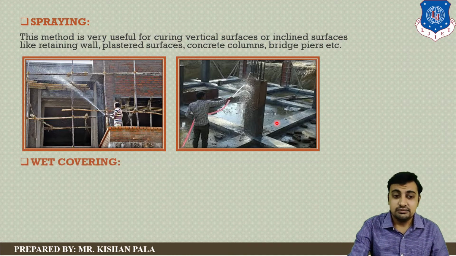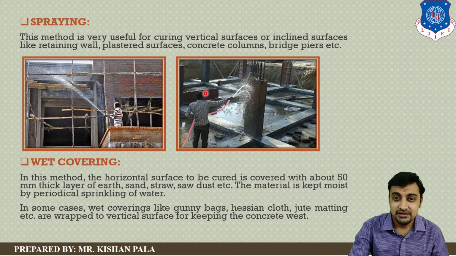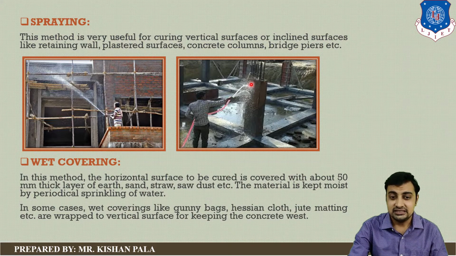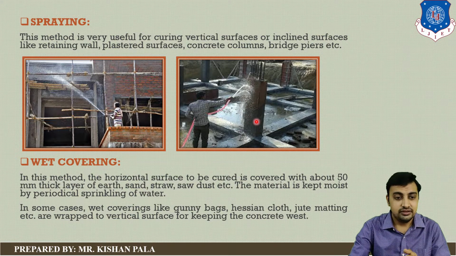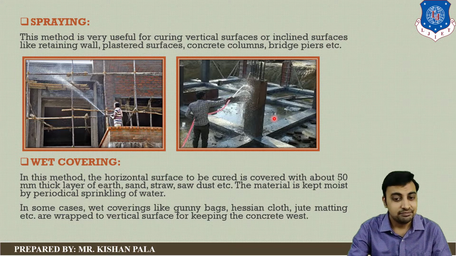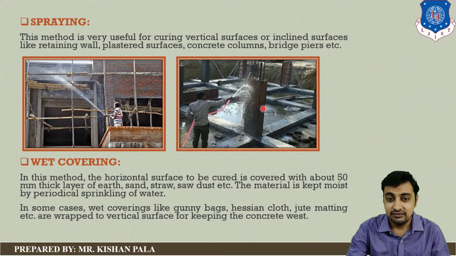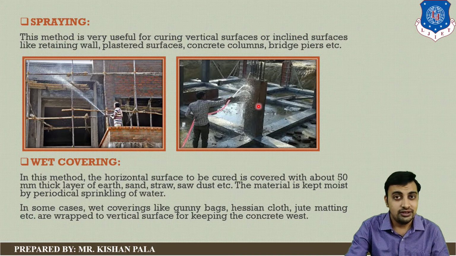Let us discuss wet covering. You can see in the second picture, in some cases wet covering like gunny bags and cloth matting is wrapped on the vertical surface for keeping the concrete cured. You can apply this method for applying moisture to the concrete block.